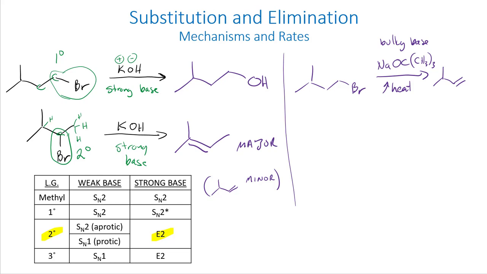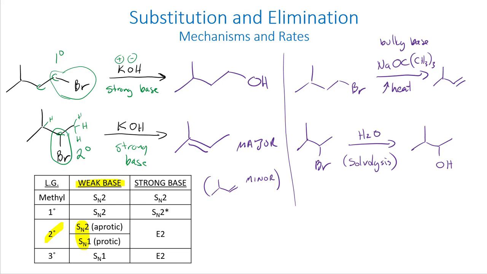Now, if we had wanted to not favor elimination, but to favor substitution with this same secondary leaving group, let's say we wanted to make the alcohol, then we would want a weakly basic nucleophile. In this case, we could actually use water and do a solvolysis reaction, which, because water is a weak base, would favor substitution.